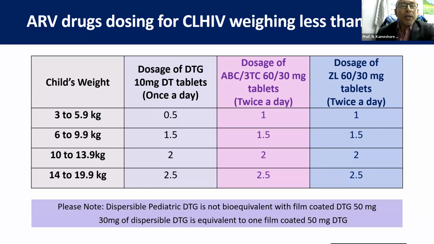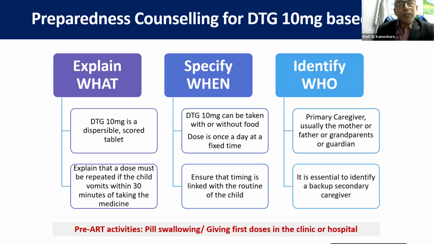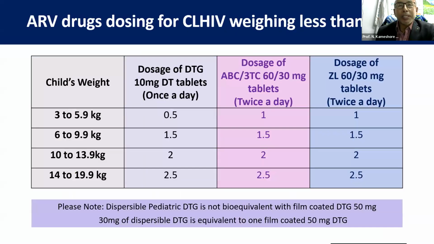And if the weight band is between 14 and 19.9 kg, then dolutegravir comes as 2.5 tablets, and AL also 2.5 tablets twice a day, and ZL also twice a day of 2.5 tablets. Remember that 30 milligram dispersible DTG is equivalent to 50 milligram film coated DTG.